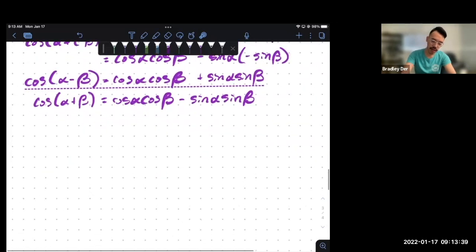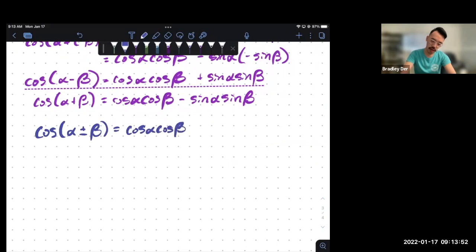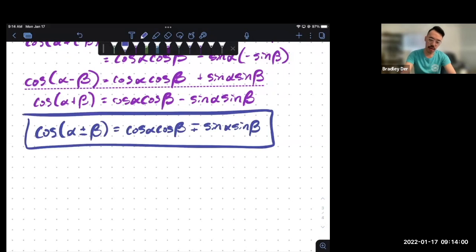So the way that we're going to represent that: cosine of alpha plus minus beta is equal to cosine alpha cosine beta minus plus sine alpha sine beta. This symbol on its own functionally is plus minus; there's really not a reason to flip them.